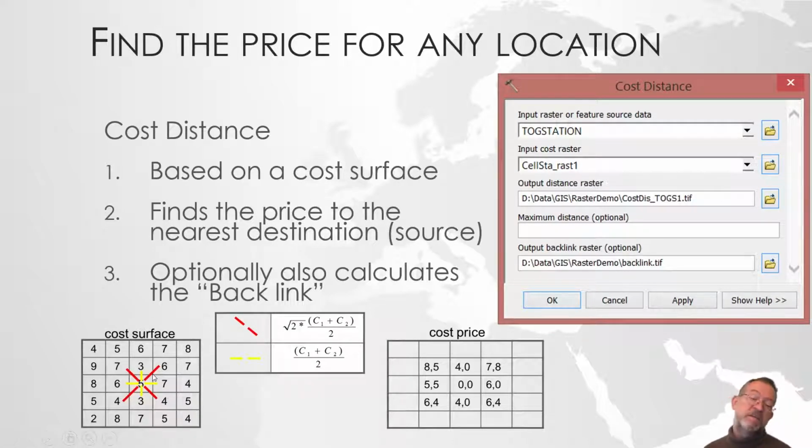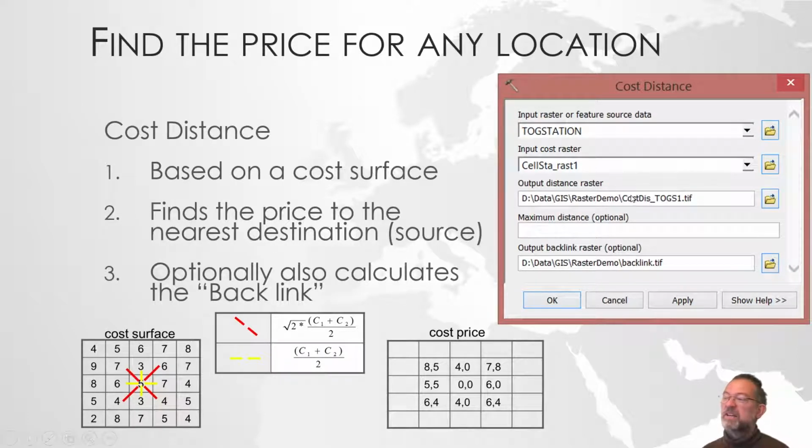It also means that with this type of distance calculation we can only move in 8 directions, from a cell to one of its 8 neighbors. So we get a bit of zigzag walking, but that's the limitation of the raster.